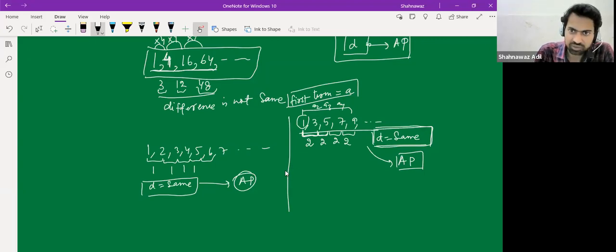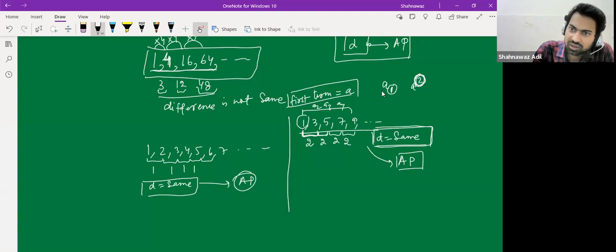Understood, guys? So this is the second term, this is the third term, this is the fourth term. This is called the subscript, and this is called what, guys?